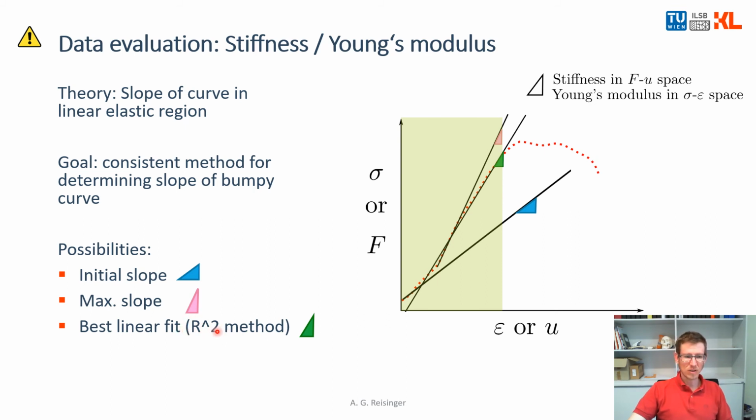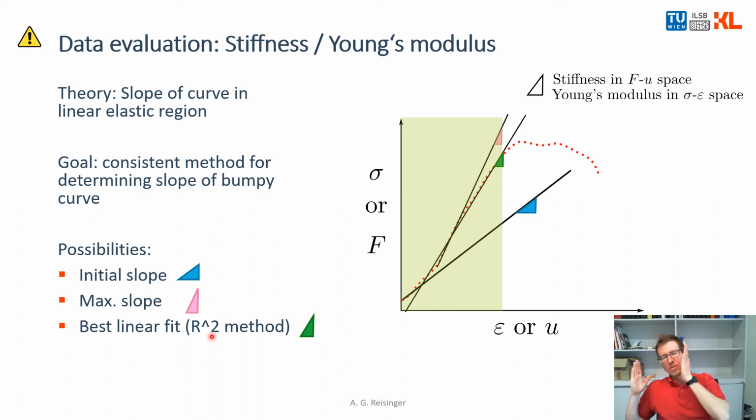If the R-squared value is close to 1 or even 1, that means the test data is very linear. And if the R-squared value is low, close to 0, then there is no linearity at all present in your test data.